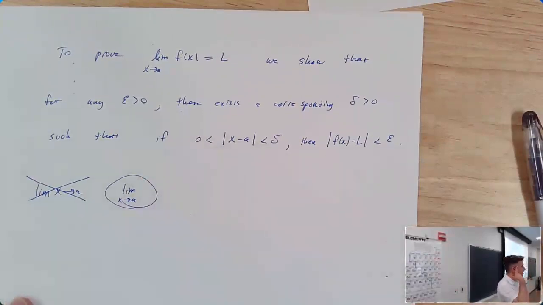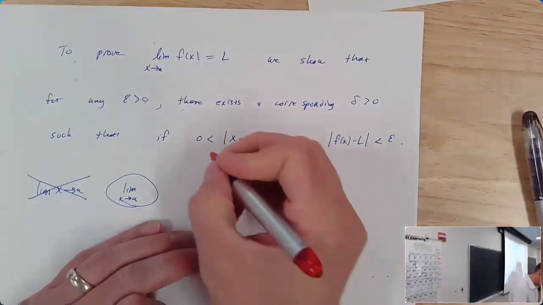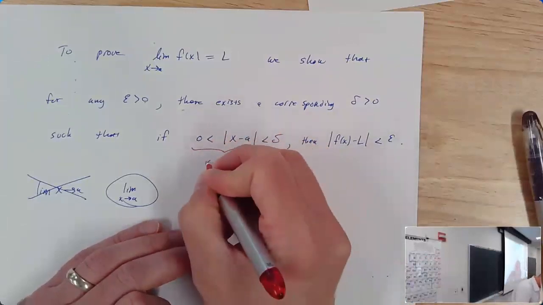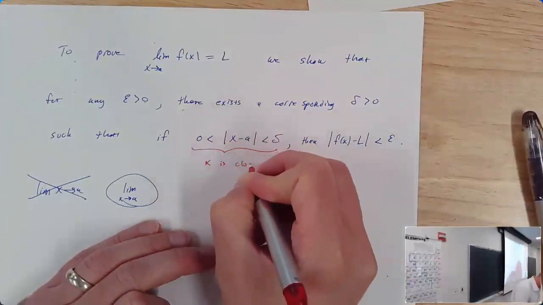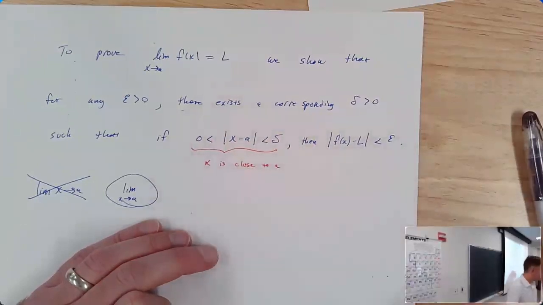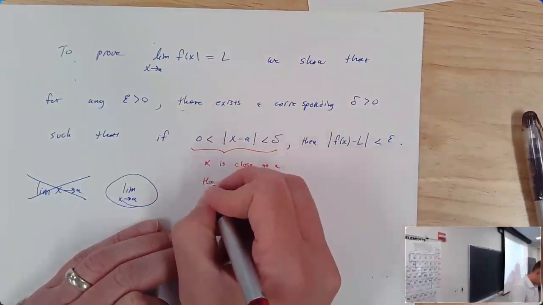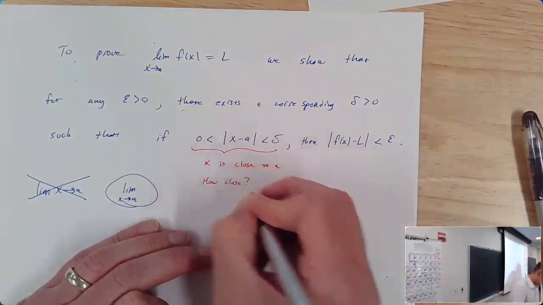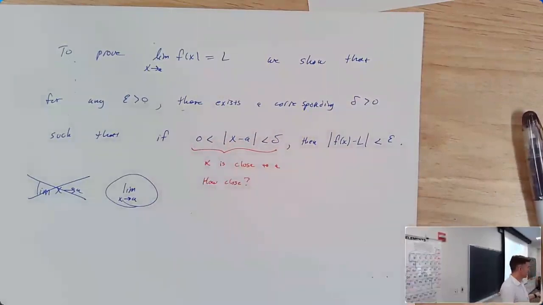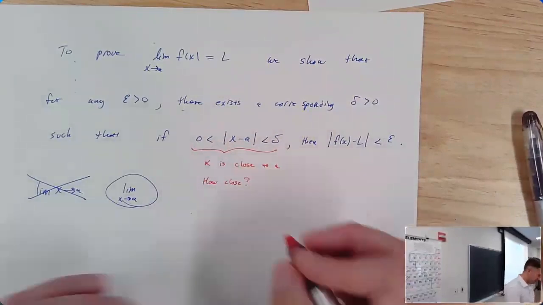What I want you to say in your head is x is close to a. That is what I really want you all to know when you read this, that x is close to a. How close? Within delta. It is within delta on either side of a.